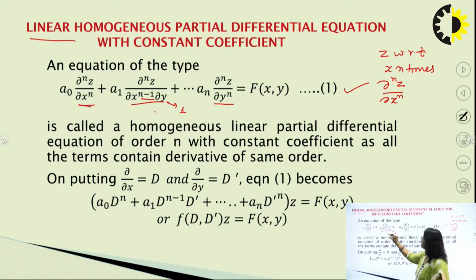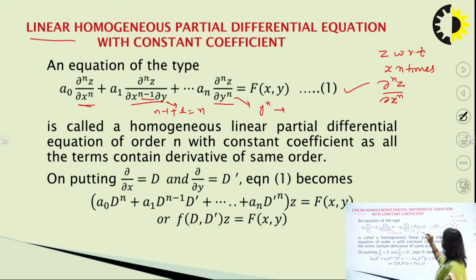So n minus 1 plus 1 comes to n, and the order of the derivative here is again n. Similarly, in the last term we have the derivative of z with respect to y n times, and with respect to x, 0 times. So the total order here also comes out to be n. That means all the terms are derivatives taken n times.